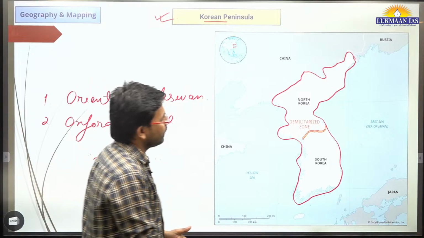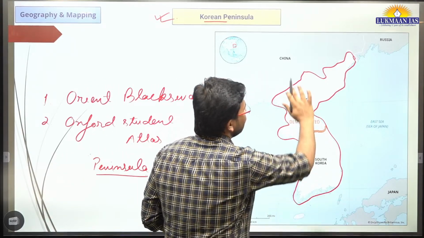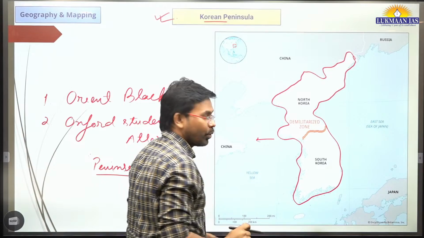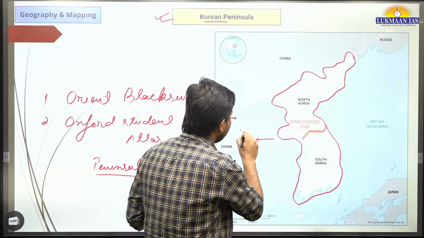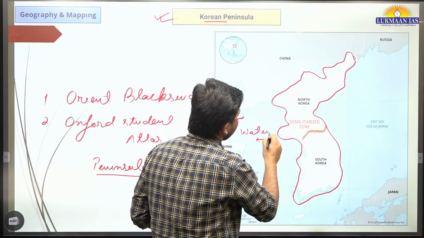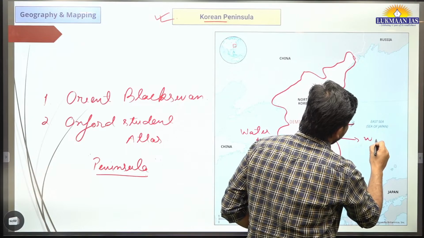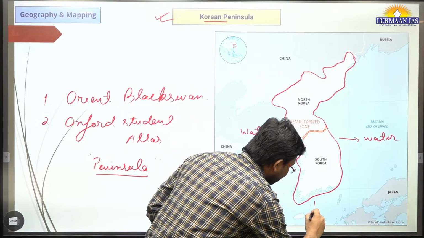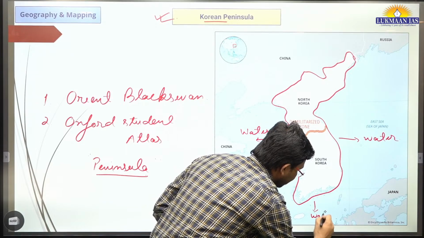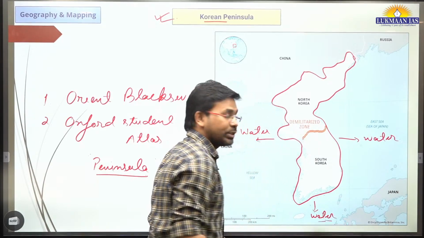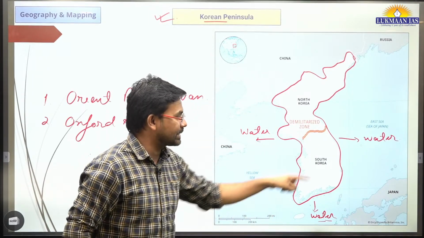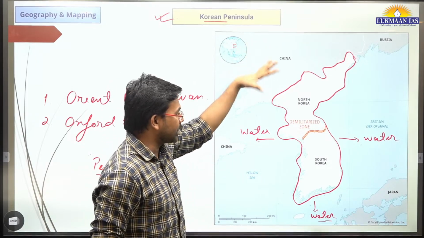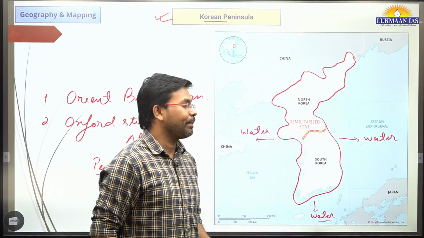For example, if we look at this shaded region, on the western side of it we have water. On the eastern side of it, we again have water or sea. On the southern side also we have water. So a land mass which is covered by water from 3 sides is known as a peninsula. Only on one side is there land mass. So this is known as the Korean Peninsula.